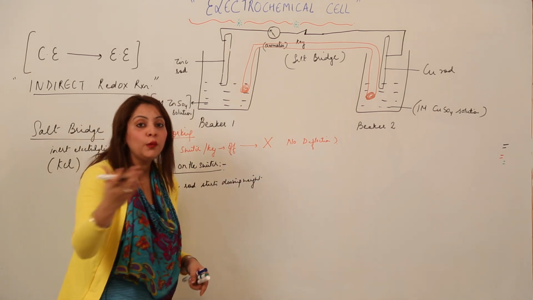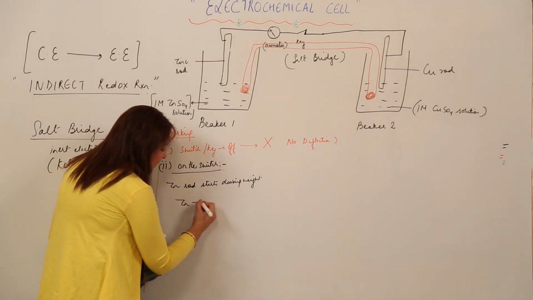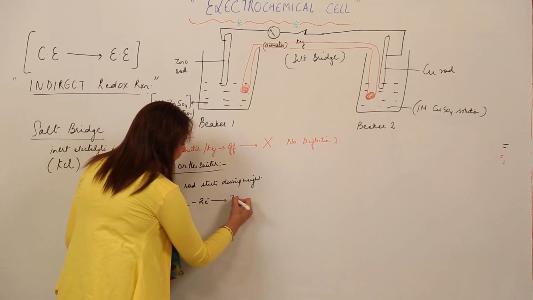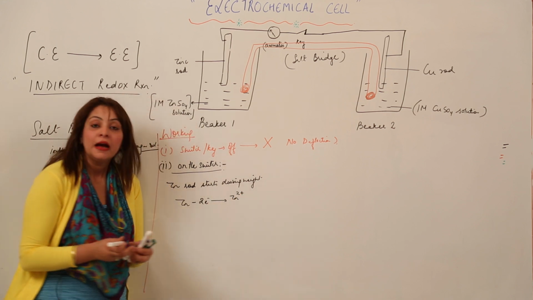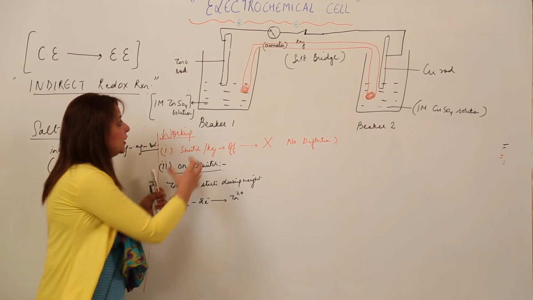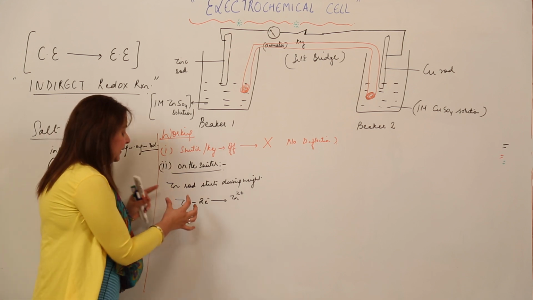Why is it losing weight? Because it is undergoing oxidation. The zinc atom is losing its 2 electrons and forming zinc ions, Zn2+, right?